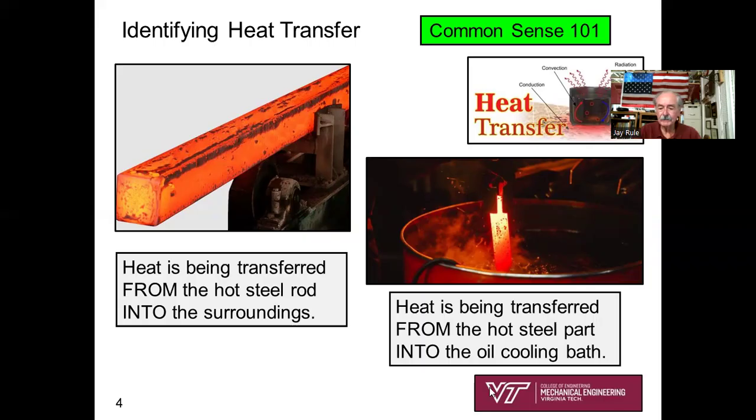And over here, here's a steel part that can be handled with tongs, and heat is being transferred from the hot steel part into this oil cooling bath for some reason. But you know that it's a heat transfer situation, and you know where the heat is being transferred from and to.